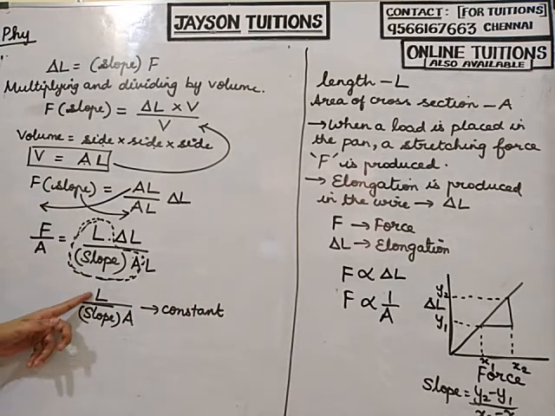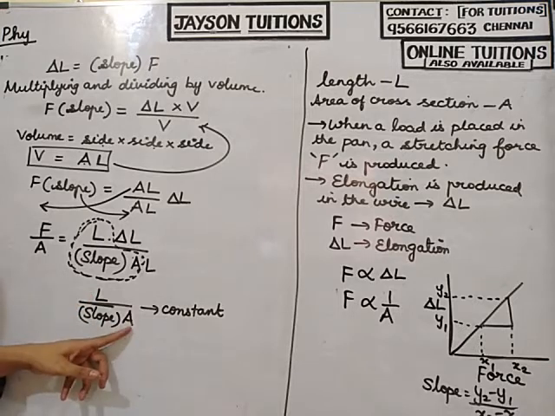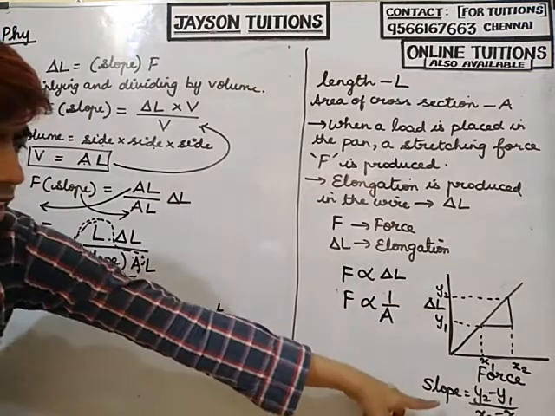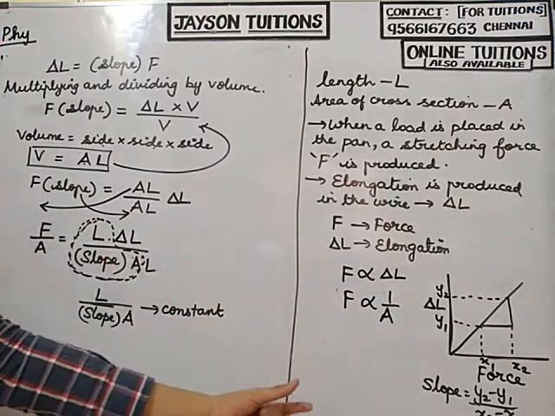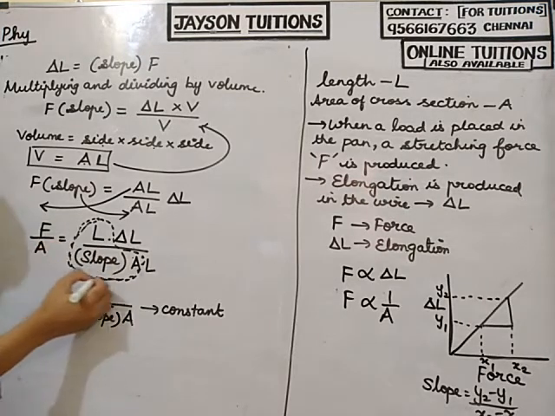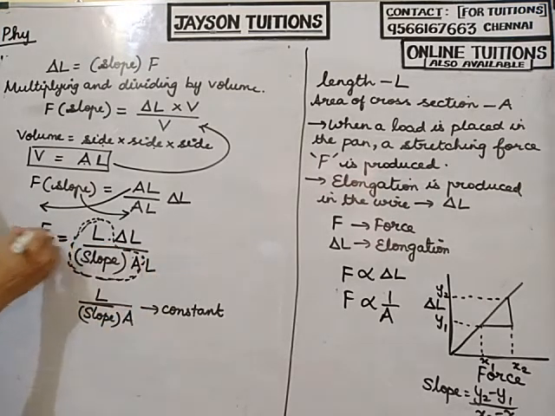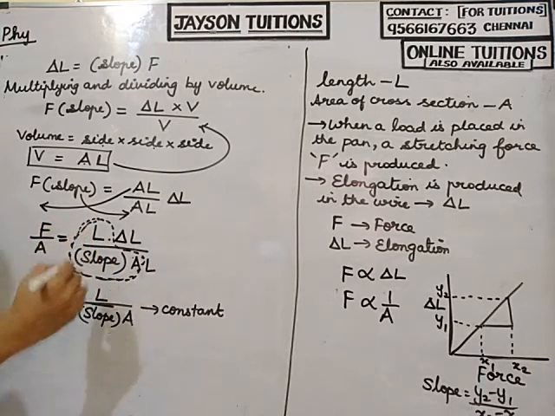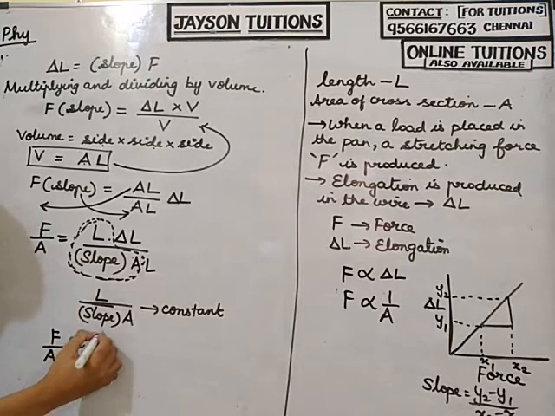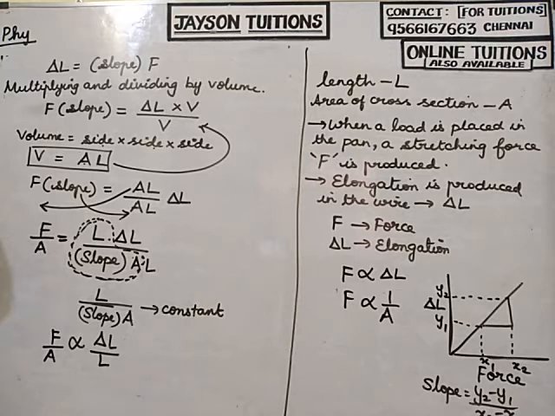Because the length of the wire we know, the area of the wire we know, and the slope value, when we get a number, it is a constant. If I remove this constant and the equal sign, it will become a proportional sign. So I will get F by A is proportional to delta L by L.